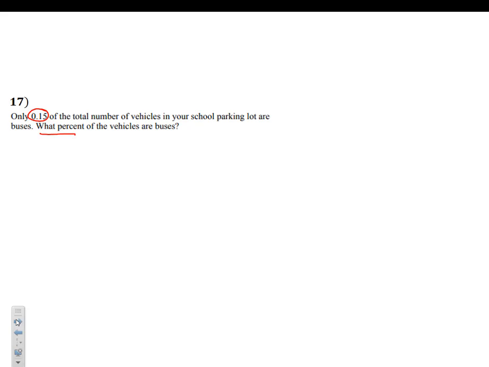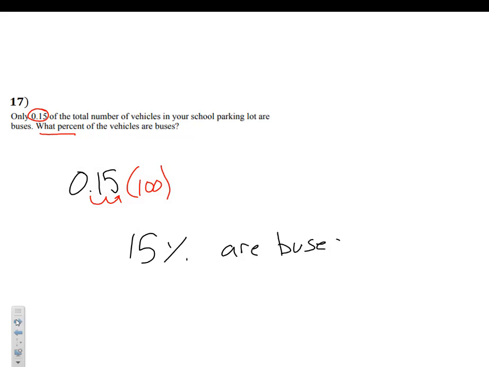What percent of the vehicles are buses? So I want to write my decimal 0.15 as a percent. To write that as a percent, I multiply by 100. Multiplying by 100 moves the decimal 2 places to the right. And my final answer, 15% are buses.